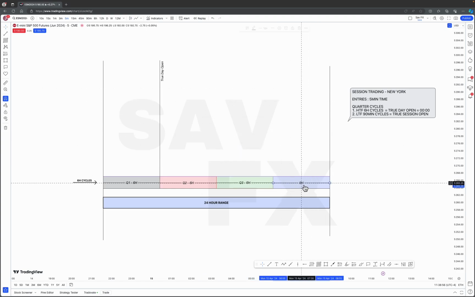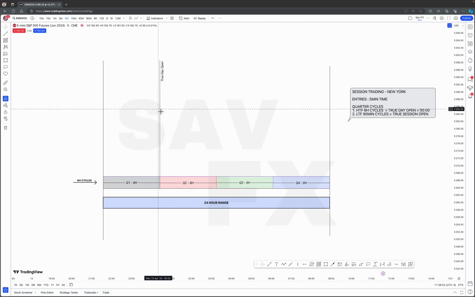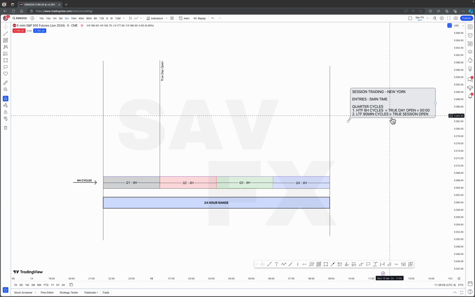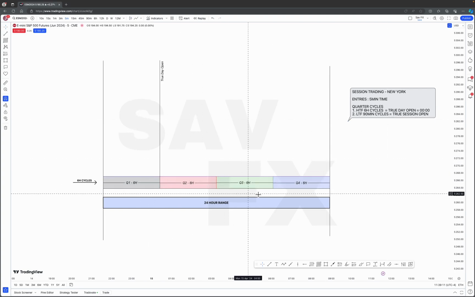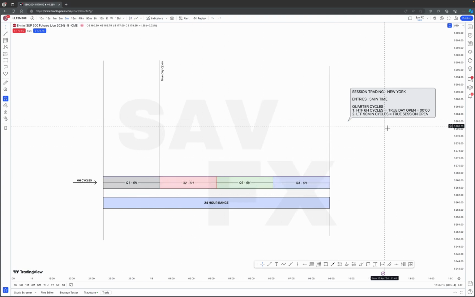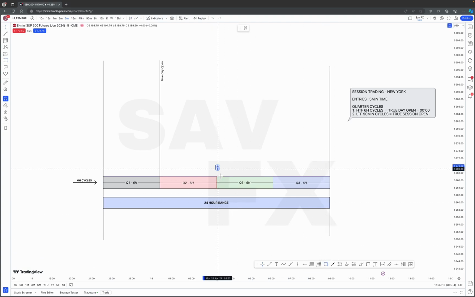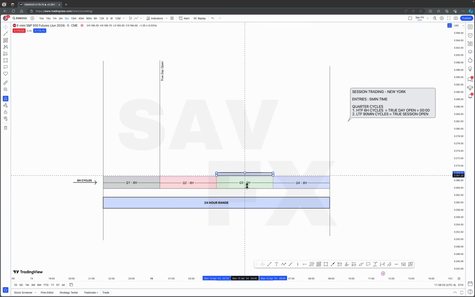Q3, Q4, that's your true day open. What else do you need? Number two, you need a lower time frame cycle. The 6-hour cycles are your higher time frames. When you're trading New York, it's always going to be Q3, meaning this range right here.